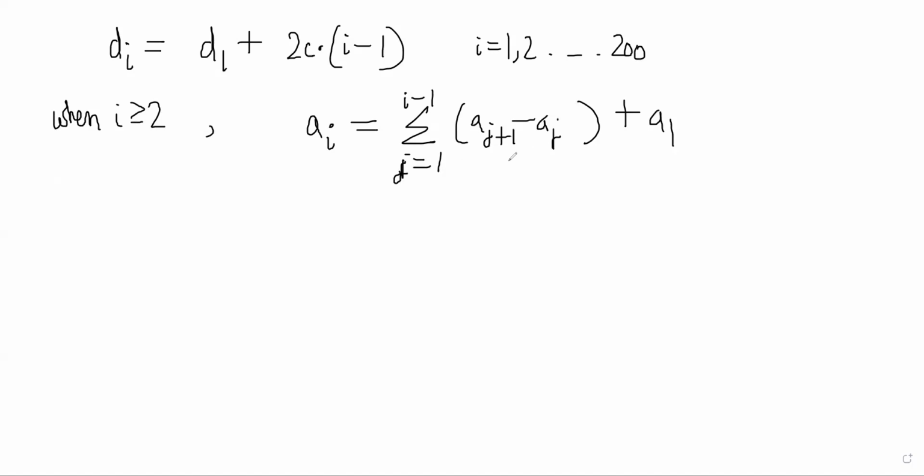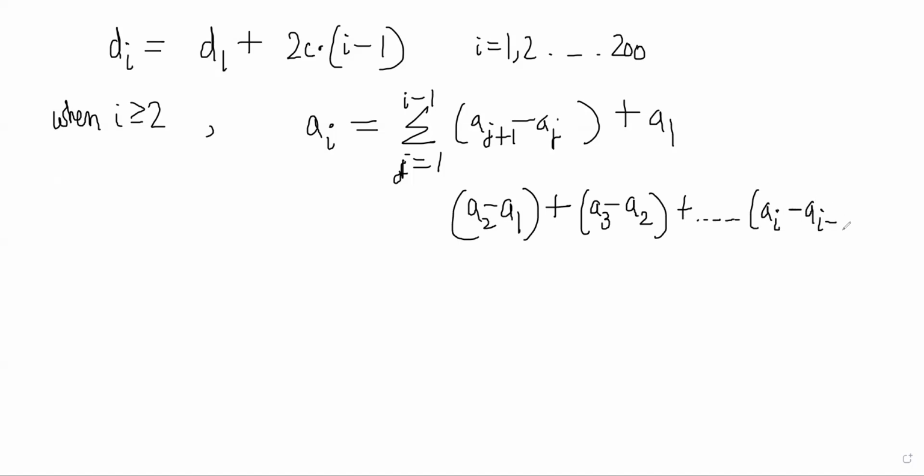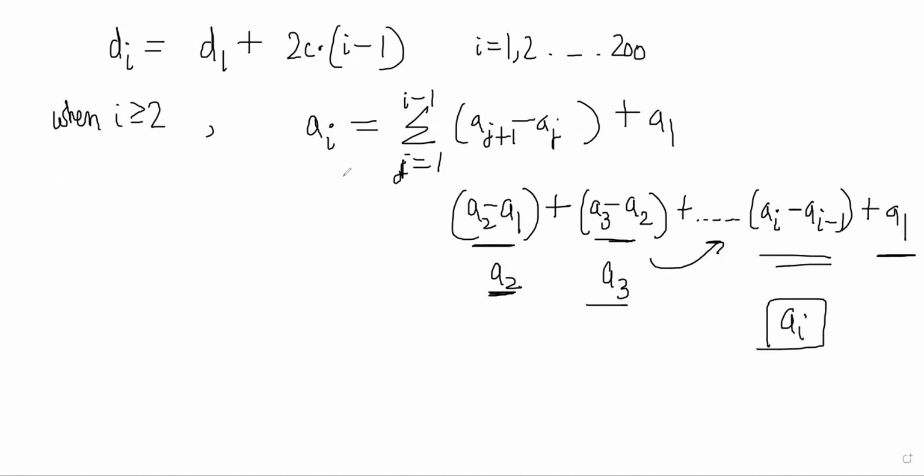When you start off, you get a2 minus a1, plus a3 minus a2, and so on till ai minus a(i minus 1), plus a1. Now you combine a1 with this, you get a2. You combine a2 with this, you get a3. And similarly, you keep adding, you will end up with ai.